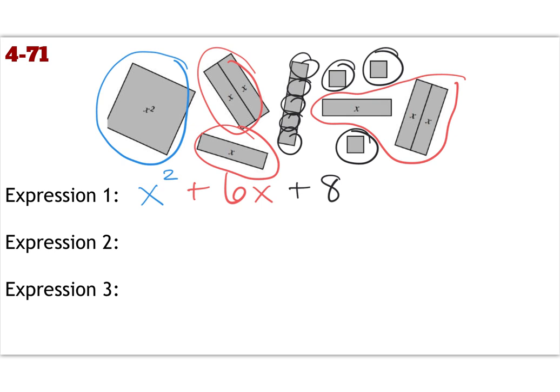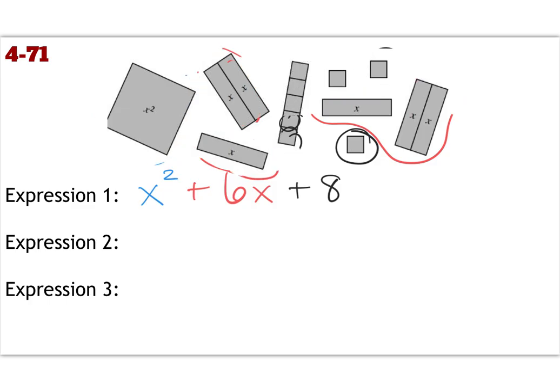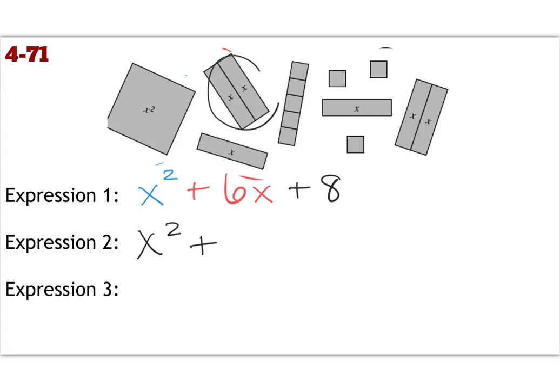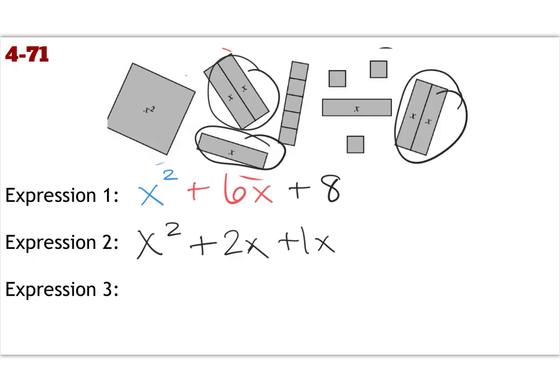Another way would be to write them all individually, writing down that we see 1x squared plus these 2 x's plus 1x plus 2 x's and plus 1 more x.